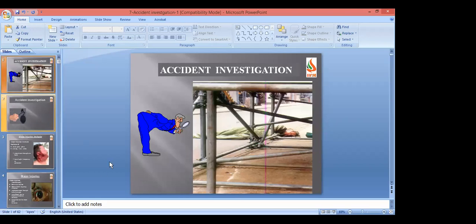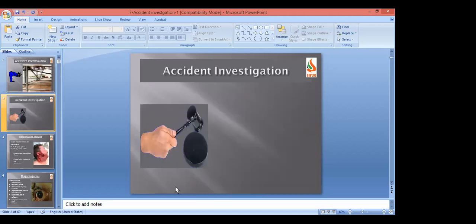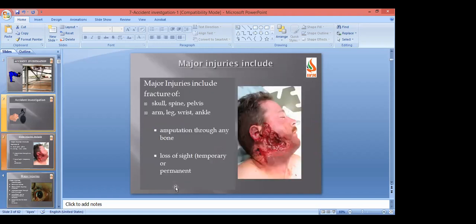Okay, this is slide number 1. We are going to talk about accident investigation. Then we are going to see how investigation can be done. Then we have seen the major injuries. What do you mean by major injuries? From the point of view of the Inspector of Factories, there are only two types of injuries: reportable and non-reportable. Reportable means the victim, from the time of the incident, is not able to report for duty within 48 hours.